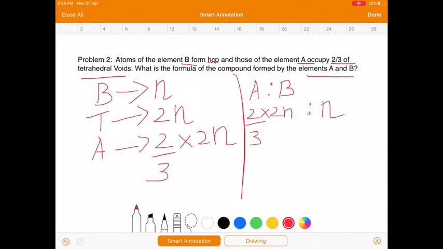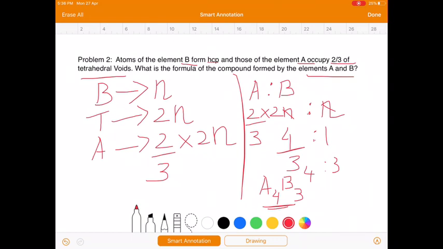So n gets cancelled. 4/3 is to 1. So 4 is to 3. That is A4B3. So this is the formula of the compound.